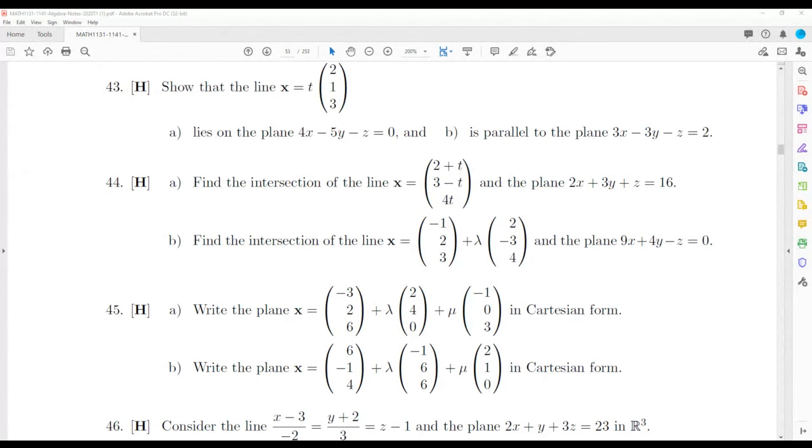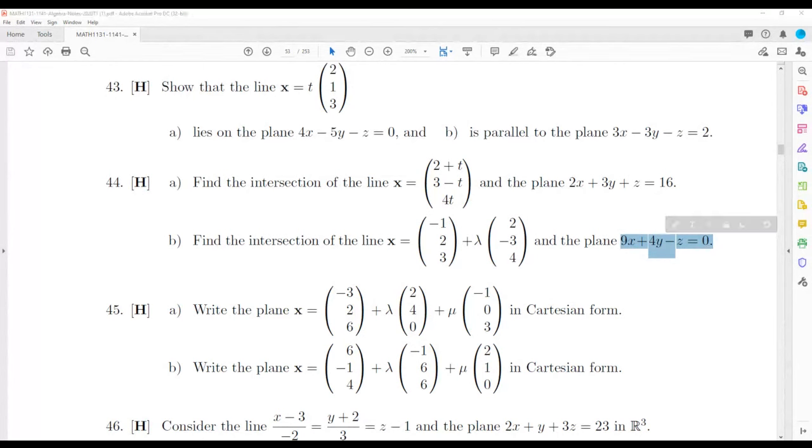So let's have a look at 44B. Find the intersection of the line given by this parametric vector form, PVF, and this plane. Okay, so let's think about it.